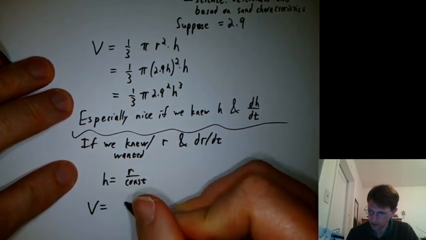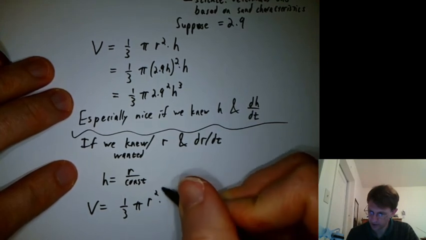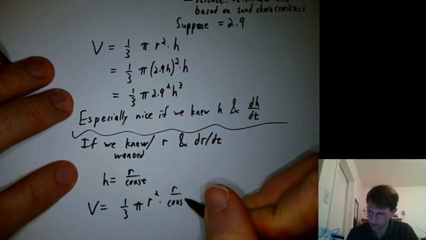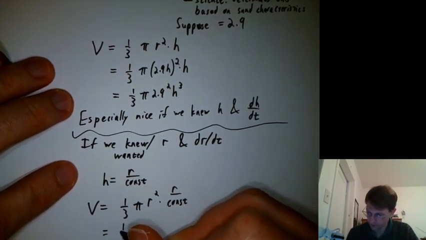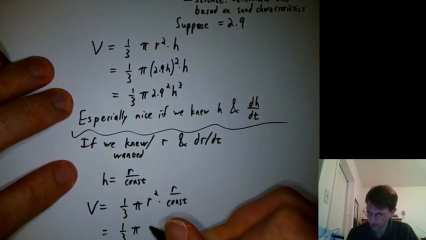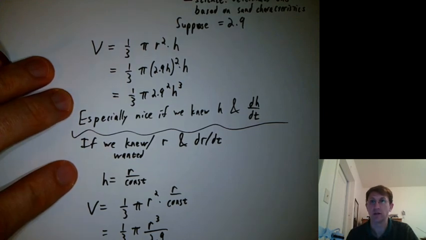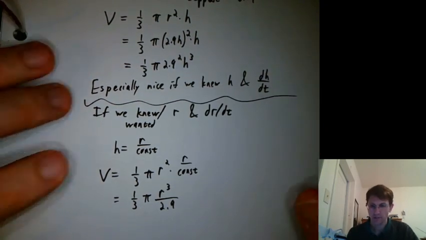So then we'd say V equals 1/3 pi r squared, and then instead of h, we'd say r over constant, which we could then write as 1/3 pi r cubed over that constant 2.9. And then we'd have everything in terms of r.